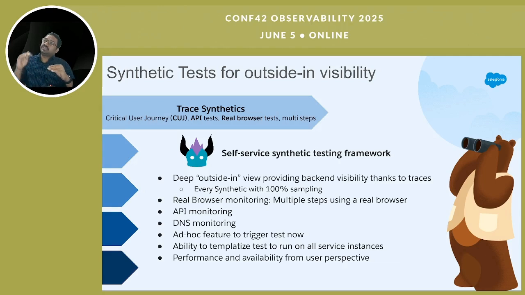Each of your synthetic tests that is emulating the request flow is completely captured. With that, you can do things like real-time browser monitoring, API monitoring, DNS monitoring, and many other things. And overall, it gives you performance and availability from an outside-in perspective, which is what you really want.